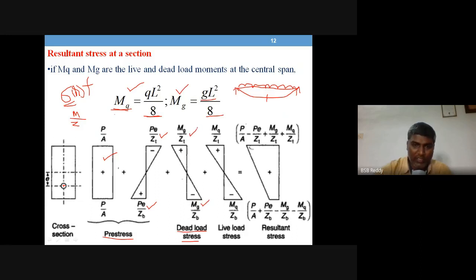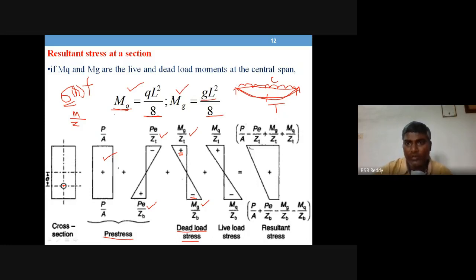You have to be careful with the sign convention. The cross section is bending in a sagging manner, so top compression and bottom tension. For top compression we will use the plus symbol, and for bottom tension we will use minus. So positive stress at top, negative stress at bottom due to dead load.